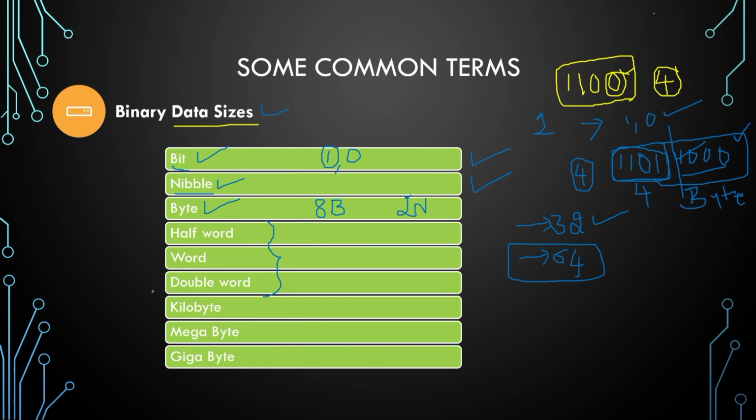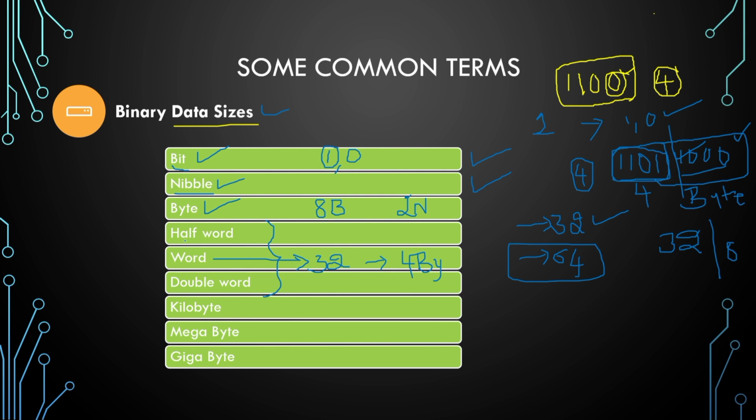So in 32-bit, this word will have 32 bits. 32 bits is nothing but 4 bytes, because if you divide 32 by 8, you will get 4.